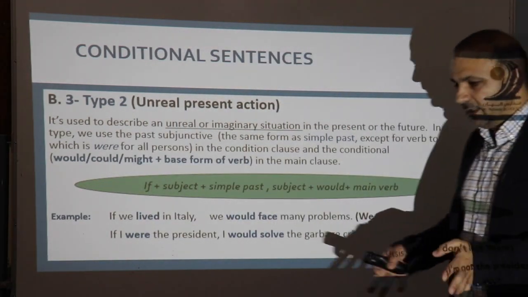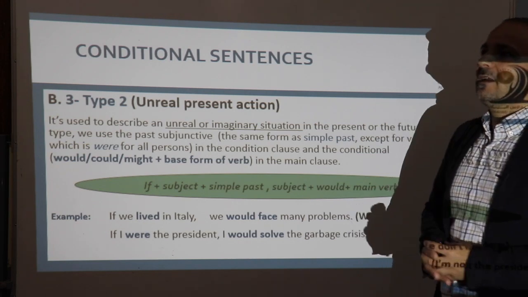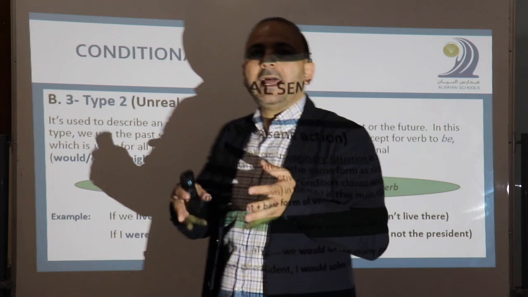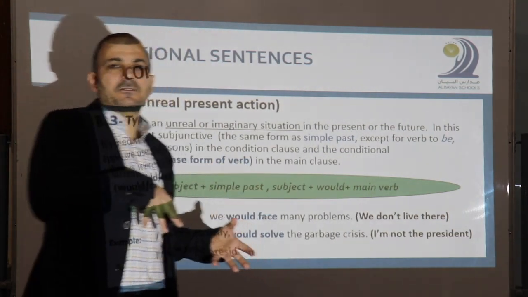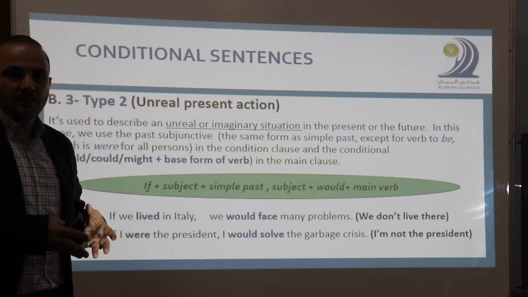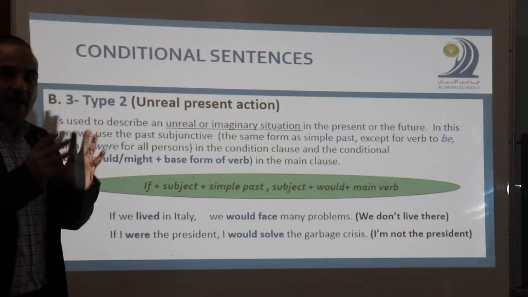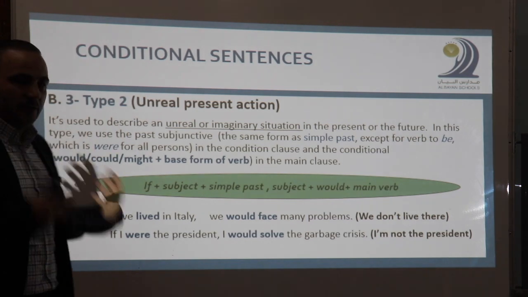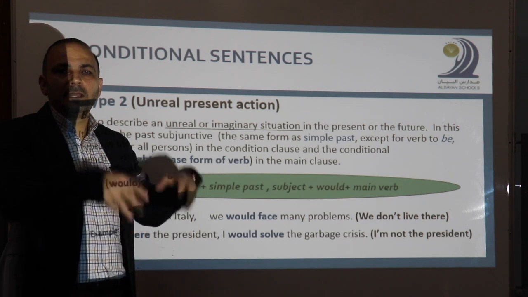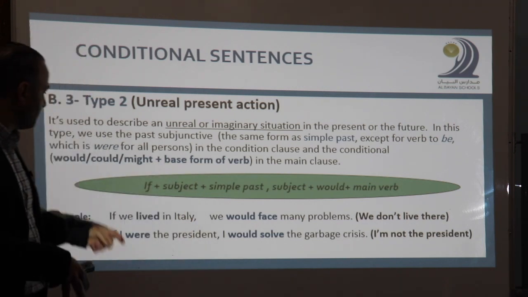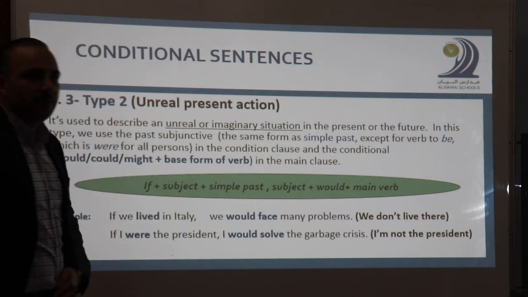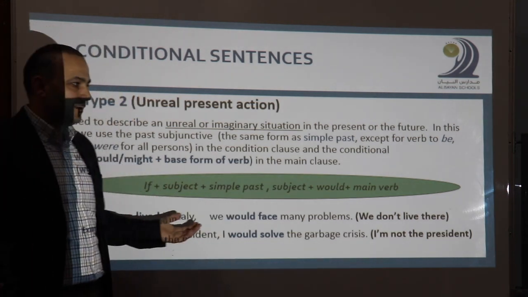At present, right now, say that if I live in Italy, I will. No, you aren't. That's really present, a real action. If you say if I live, you are talking about a present situation. That's real. But here, of course, if I lived in Italy, now I'm in Lebanon. So if I lived, unreal to the present time situation. If I lived in Italy, we would face many problems, but we don't live in Italy.